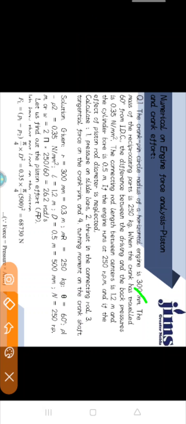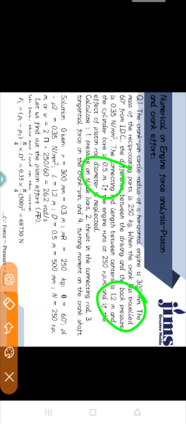Now, the connecting rod length between centers is 1.2 meter, that means the value of L is 1.2. The cylinder bore is 0.5, that means diameter D equals 0.5.